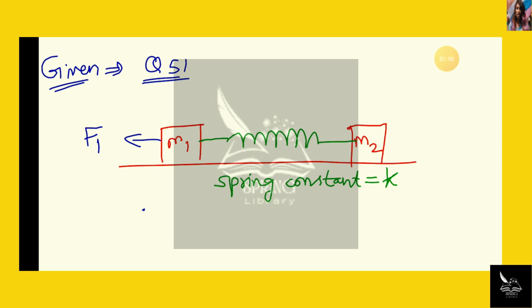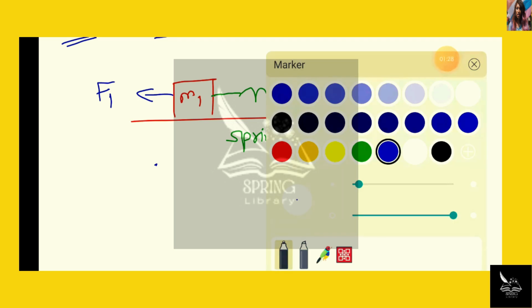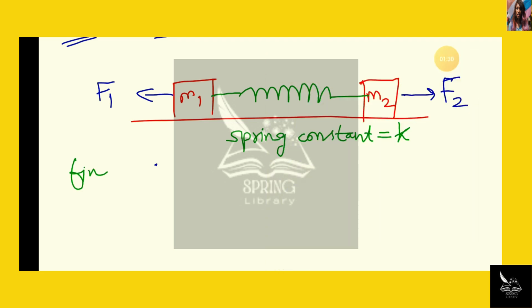The force F2 is acting on the second block and it is trying to pull the second block, so the direction will be towards the right. Finally, the question is asking us to find the maximum elongation of the spring. So now let's start answering this question. Here we have to find the maximum elongation of the spring.